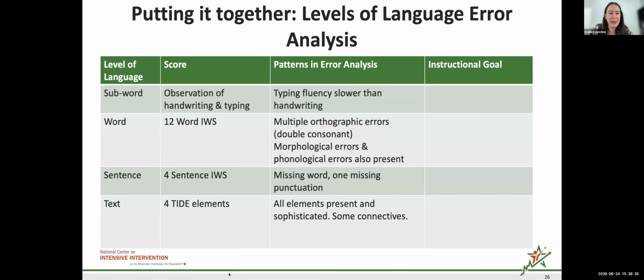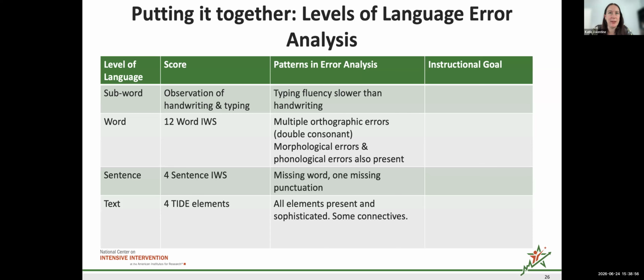All right, so putting it all together, levels of language error analysis. We've gone through our levels of language: the subword, word, sentence, and text levels that we looked at. We had that curriculum-based measure score that included both a handwriting and typing observation of that student.